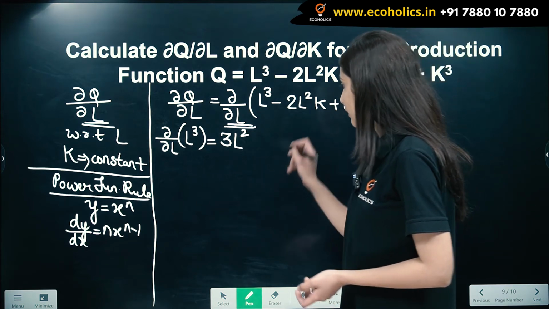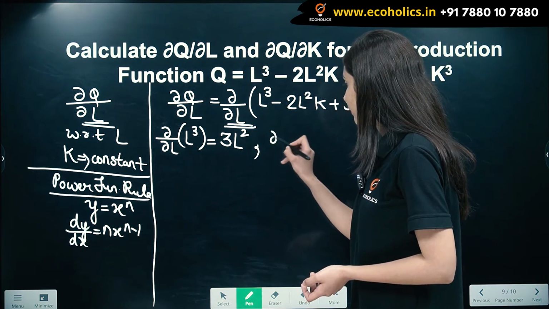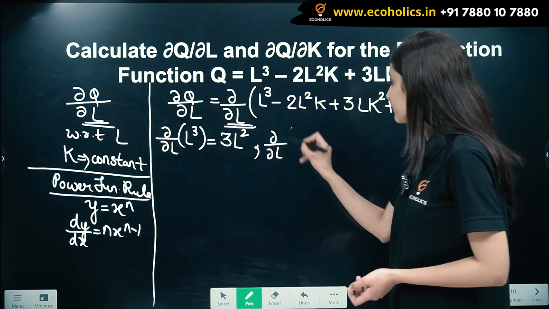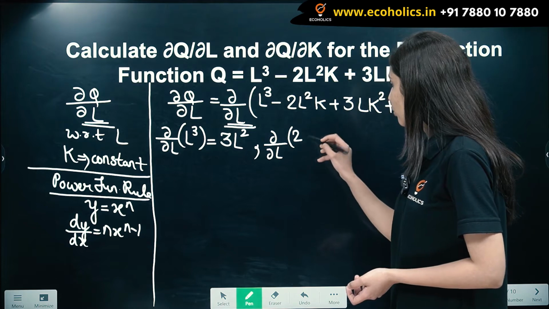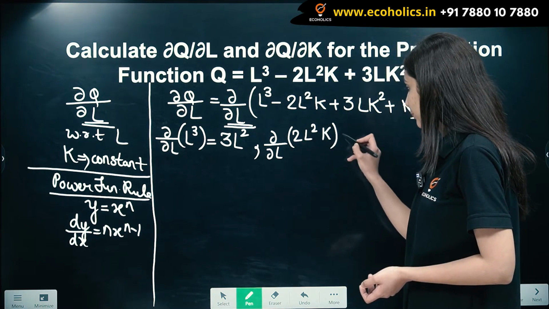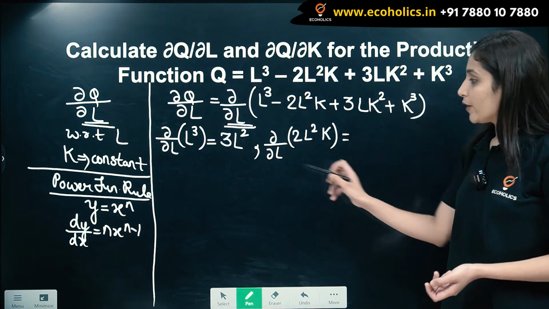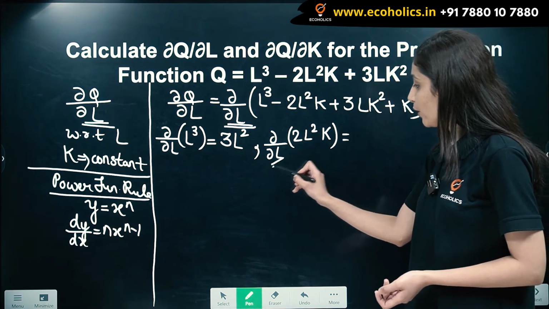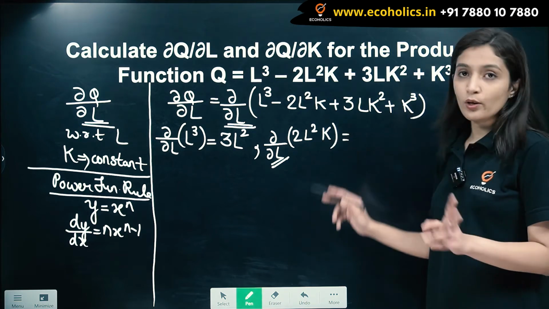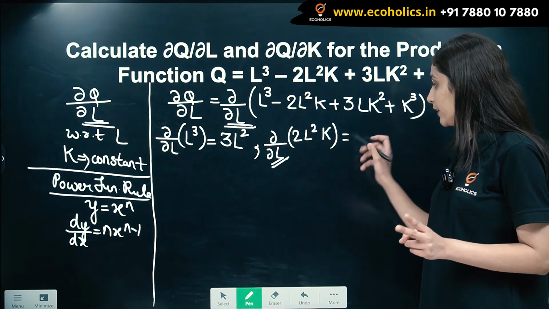Now, the derivative of 2L²k. When we are differentiating with respect to L, we take k as constant. So we have two constants, that is 2 and k.